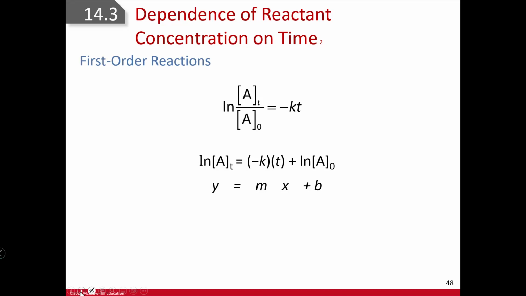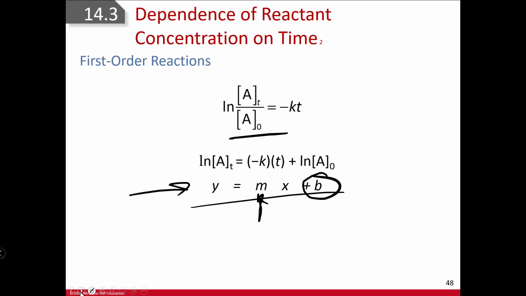No, let's do this. So here's the equation we've been using. This can be turned into a line equation. A line is y equals the slope times x plus the y-intercept. If you don't remember the line equation, you need to know this: y equals mx plus b, where m is the slope.